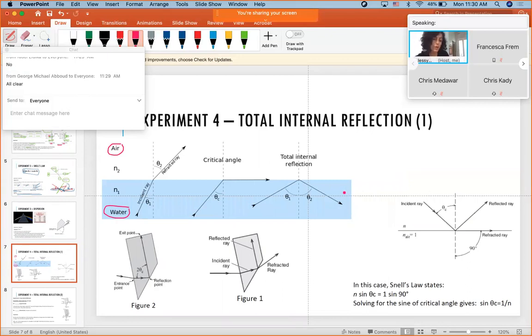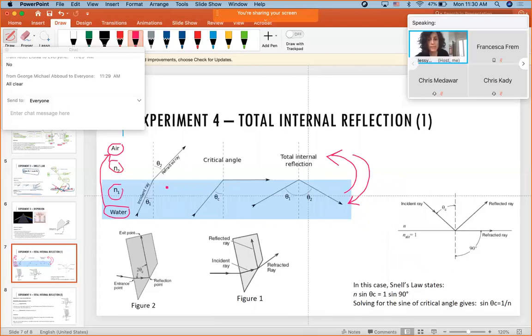So while light crosses from water to air, total internal reflection may happen. If light crosses from air to water, total internal reflection will never happen. So it has to be from a high refractive medium to a low refractive medium, okay? From a big N to a small n.